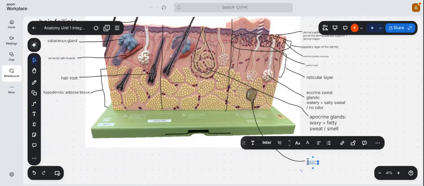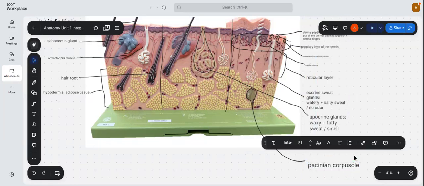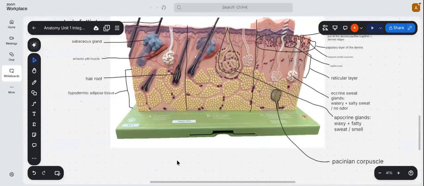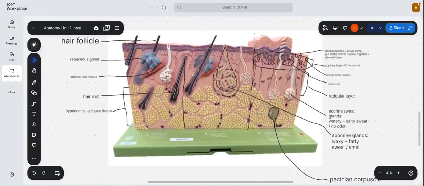As you can see, it's only in the thick skin, it's not in the hair or armpit region. So, Pacinian corpuscle.